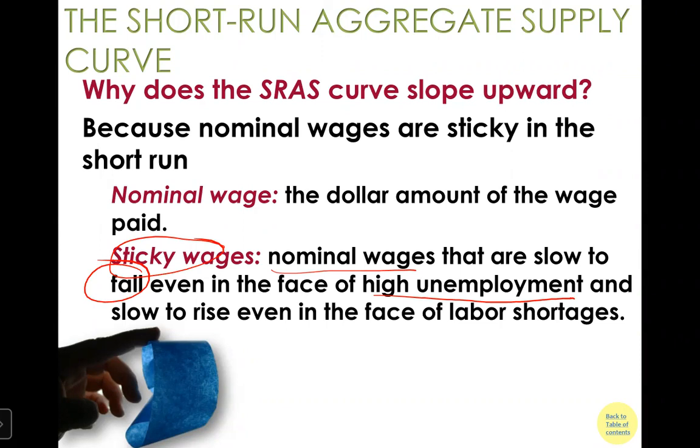Because for a worker, the option is unemployed versus a low-paid job, and certainly you prefer a low-paid job versus unemployed. But the sticky wage says even if we have a high unemployment rate, the wage may fail to fall. Usually because there's a binding contract, right?